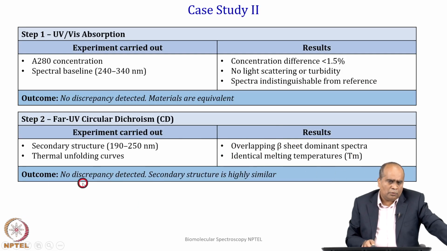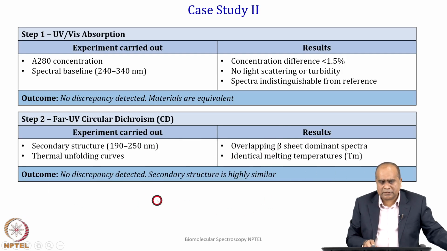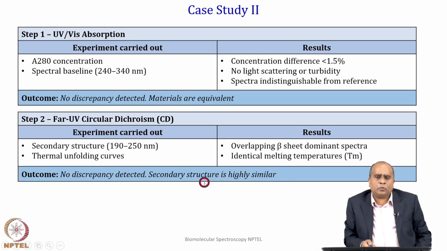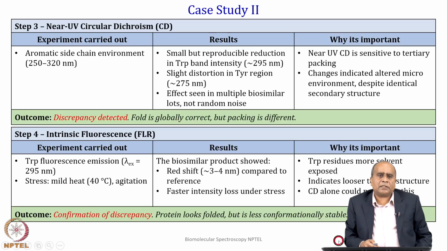So, here again no discrepancy detected; it suggests that the secondary structure in the monoclonal antibody appears to be quite similar. Now, UV visible gives us similar, CD is also giving similar. Next we move to the third experiment, which is near UV CD, which gives tertiary structure information, and what we are measuring is aromatic amino acids between 250 and 320.